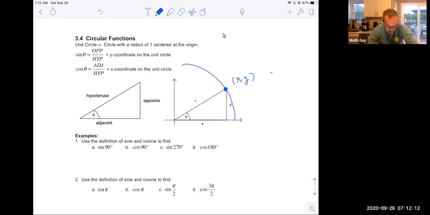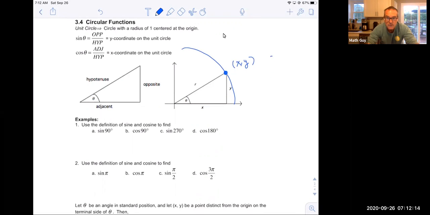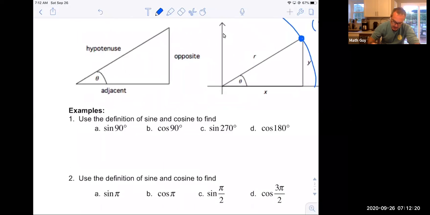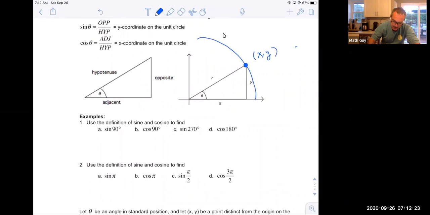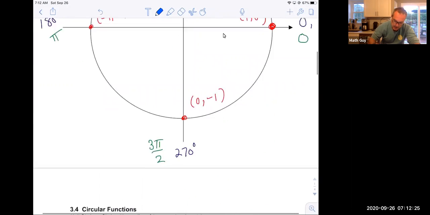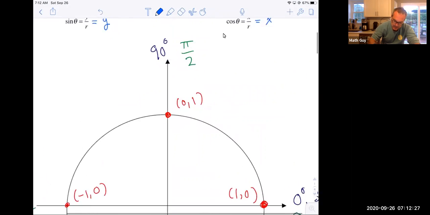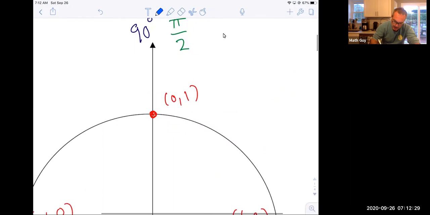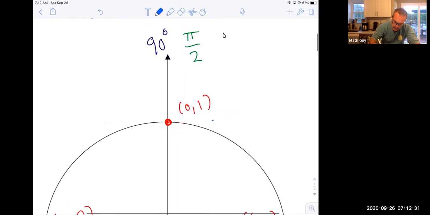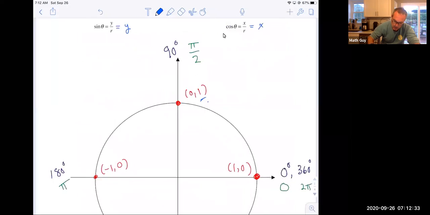But really, I just want to look at those 4 main angles, 90, 180, 270, and 360. So if I said, what's the sine of 90? I'd have to scroll back to my unit circle. There's 90. Sine is the y-coordinate. So the sine of 90 is just 1.